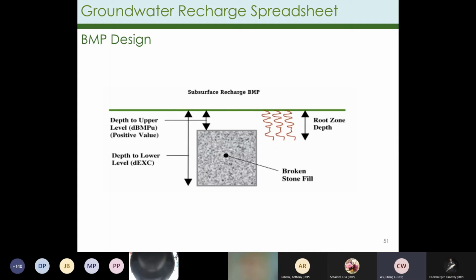And for the effective depth, as we just mentioned, you have to multiply by the porosity of the gravel fill in the storage volume, and the DEXC would be measured from the bottom all the way up to the ground.